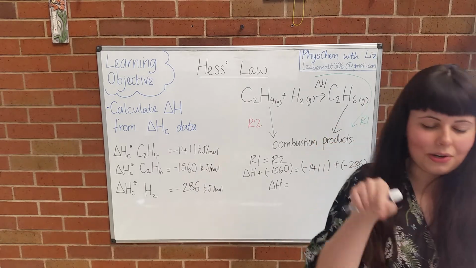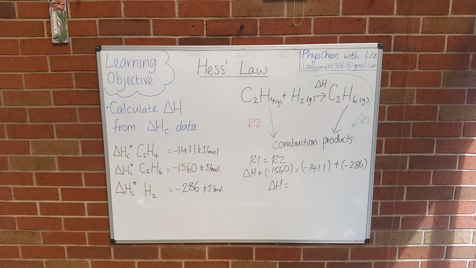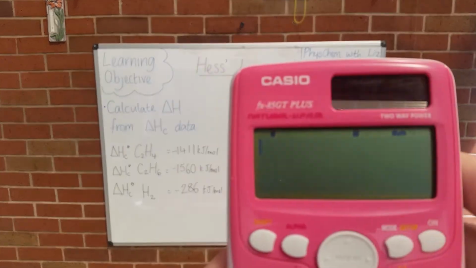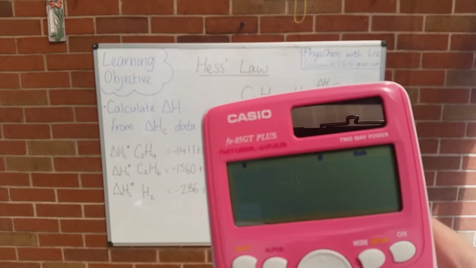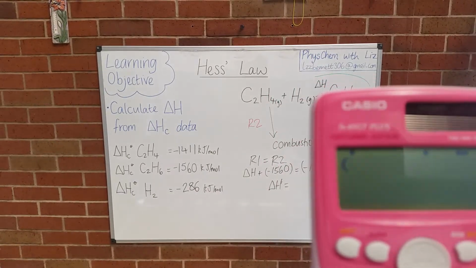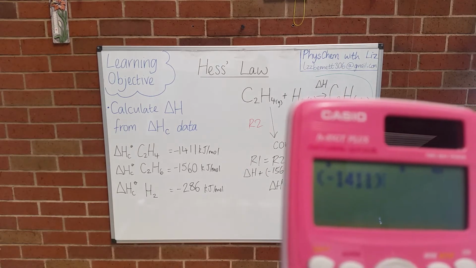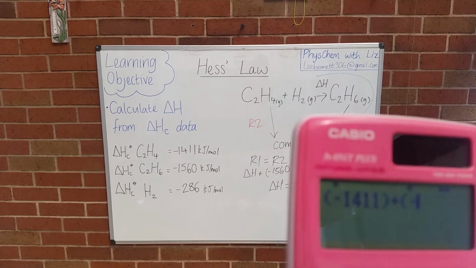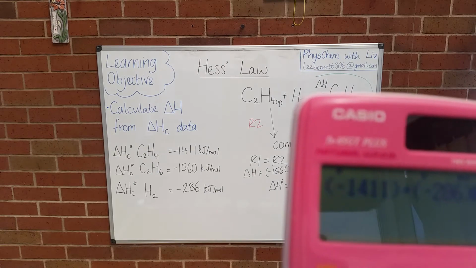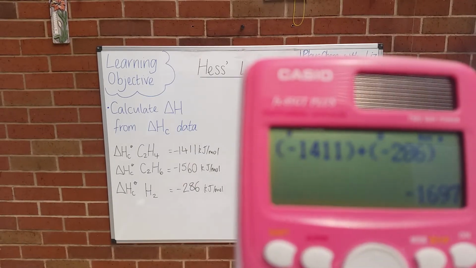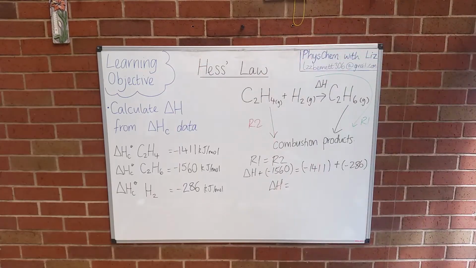I'm going to do this on the camera. Okay. So open bracket minus 1411, close bracket, plus minus 286 equals minus 1697.